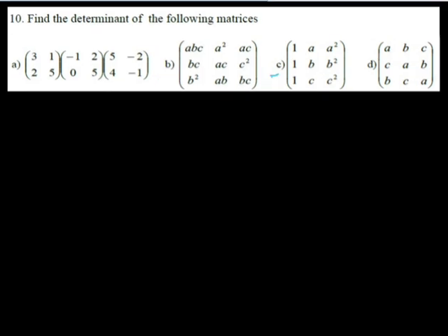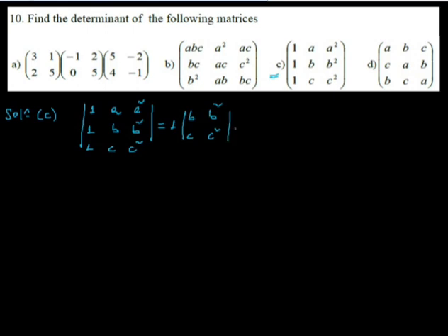Therefore the determinant of the matrix in B is 0. Now we see what the determinant of the C part looks like. The determinant of the matrix 1, a square; 1, b, b square; 1, c, c square is 1 times the determinant of b square, c square, minus a times the determinant of 1, b square, 1, c square, plus a square into the determinant of 1, b, 1, c.